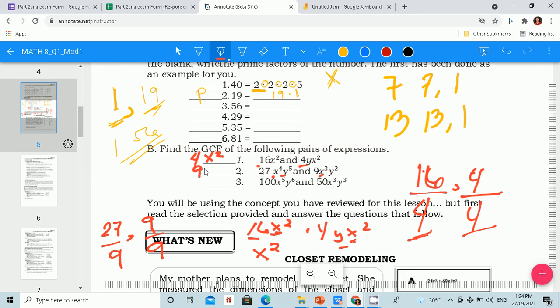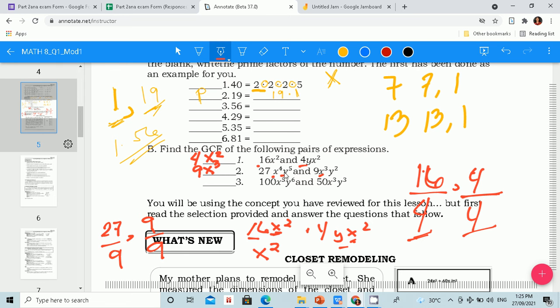So, let's write x, since x is common. Now for the exponent, we have 4 on one side, but the other is only 9x cubed, which only reaches 3. So, the greatest common factor we take is x cubed. Meaning, x cubed can go into 27x to the 4th and y to the 5th. So, x cubed.